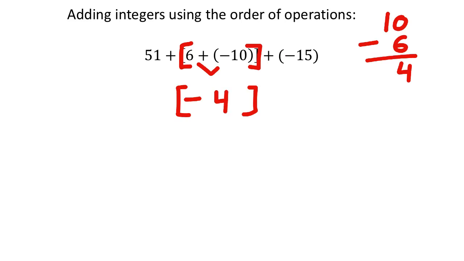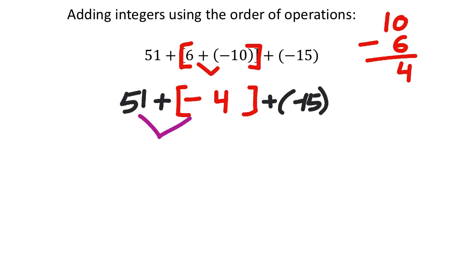Let's rewrite the problem. Now again, by the order of operations, we'll just review them real quick. There's no exponents, there's no multiplication or division, only addition, and we're moving from left to right. So 51 plus negative 4. In this case, I have more positives than negatives, so I know my answer is positive there.